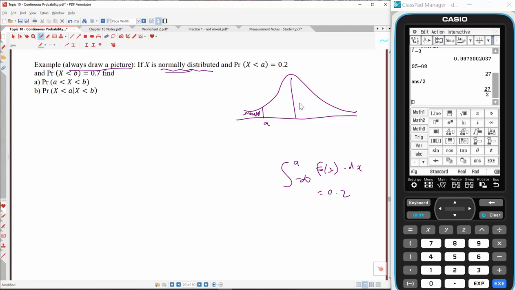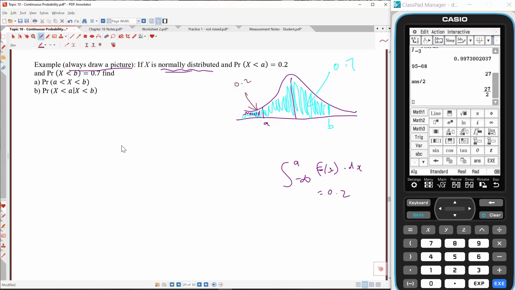And so 0.7 is a fair bit of the curve. In fact, it doesn't include this top 0.3. So I'm going to start it here. That'll be all of this stuff here, including that stuff as well. So that's 0.7, and this other one, no, it's not the same color, but it doesn't matter.